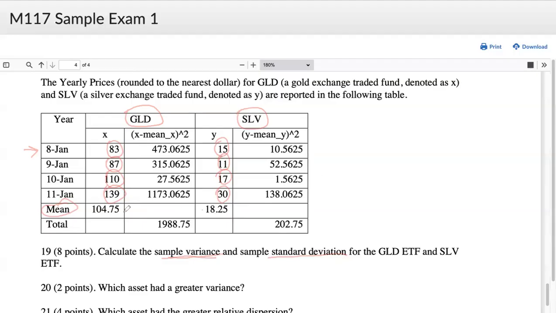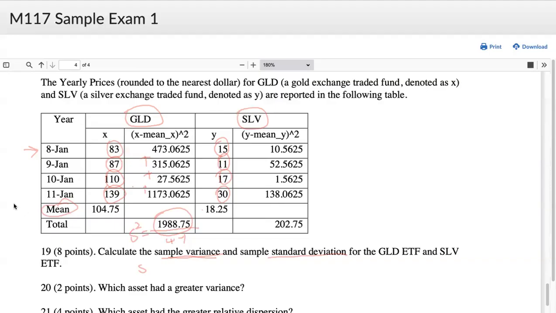Which means this mean is given, and even the data minus mean value squared is given. So all we have to do is just add them up. So we add this up, and we get this number. And then we use this number divided by, because we have 4, 4 minus 1, divided by 3, that would be the variance. Then we take the square root to get S. Same thing for the silver.